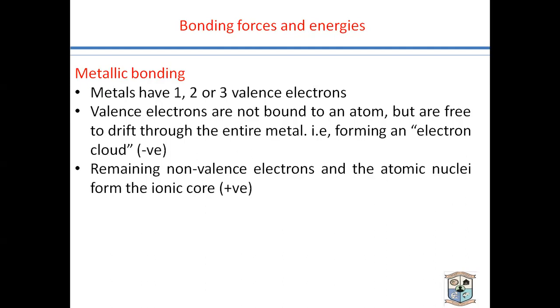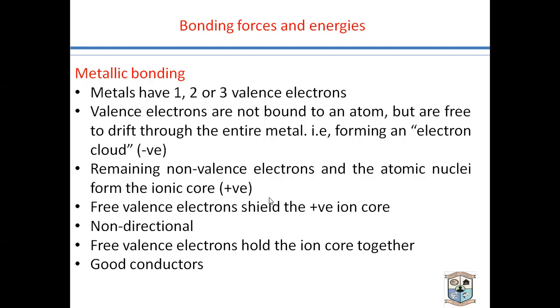The remaining non-valence electrons and the atomic nuclei form the ionic core, so more electropositive, while the electron cloud is negative. Free valence electrons shield the positive ion core. So these free valence electrons will be shielding the positive ion core.